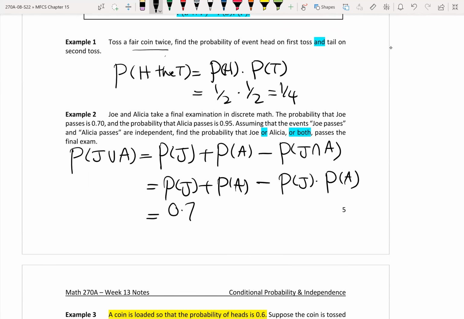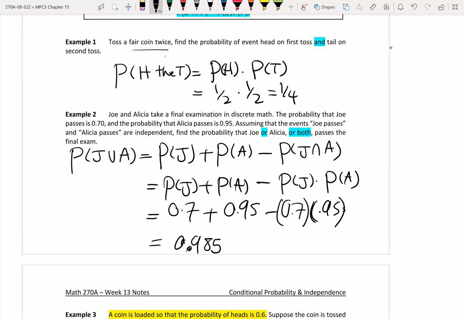So that was 70% chance, that was 95% chance, and that was 70% times 95% to pass. Whichever, okay? Anyone has the number? No? 98? 5?